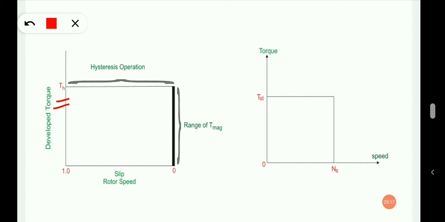On the y-axis developed torque is there, and on the x-axis rotor speed or slip is there. This constant valued torque allows the motor to synchronize any load it can accelerate. The normal operating range is mentioned in the diagram.